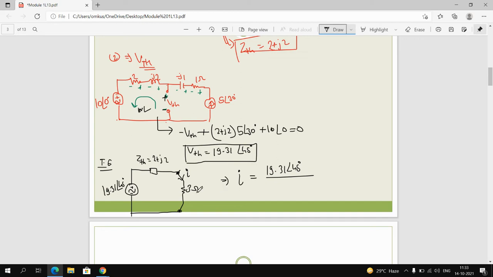The resistive elements add up, so 2 plus 3 is 5 plus J2, right? When you calculate this value, you will get I equal to 3.58 at an angle of 23.2 degrees ampere.